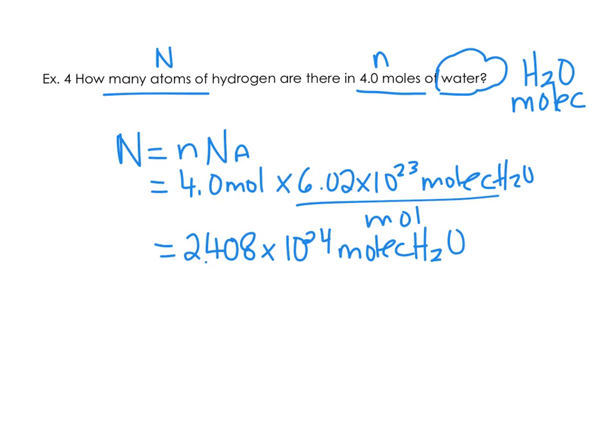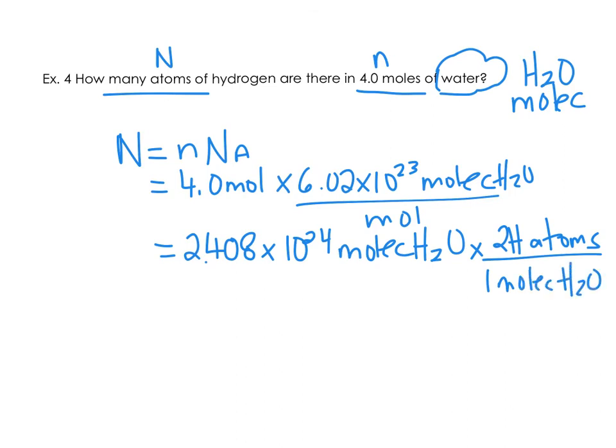This is not our final answer because we're looking for atoms of hydrogen. So we're going to take this number and multiply it by the number of hydrogens in one molecule. There's 2 hydrogen atoms for 1 molecule of water.